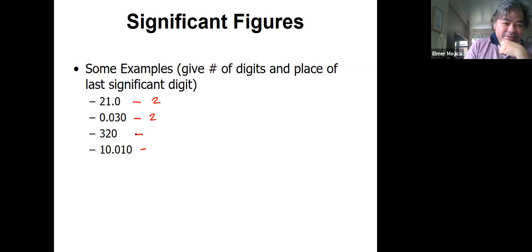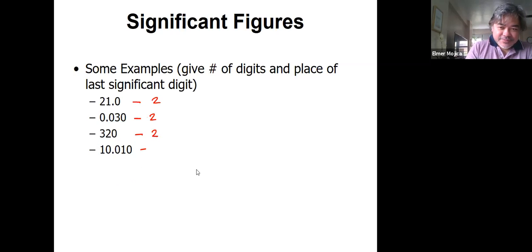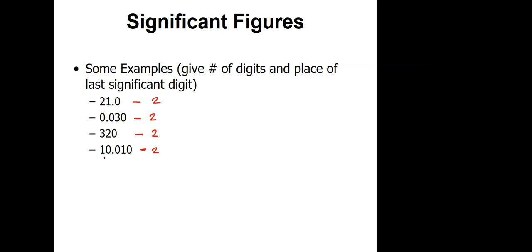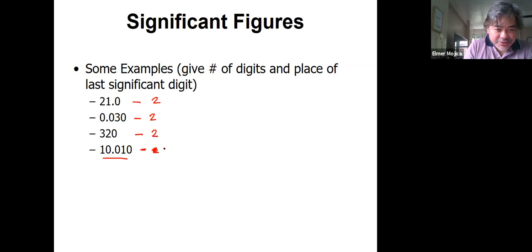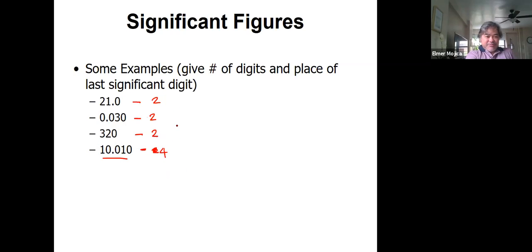Bailey, how about here? 320. 2. 2. Okay. Kyle, how many significant figures is this last number here? 2. I mean, this one? Your answer is 2 also? No, 4. Okay, 4. Now let's answer them one by one to see if these significant figures are correct.